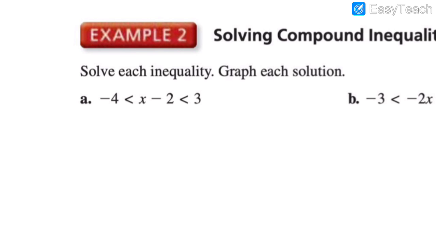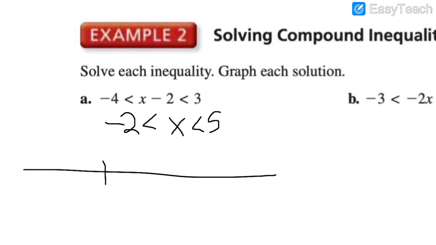So now you'd be left with -2 is less than x, which is less than 5. So again, now we have our anchors at -2 and 5. These would both be open circles, and we'd be shading in between.